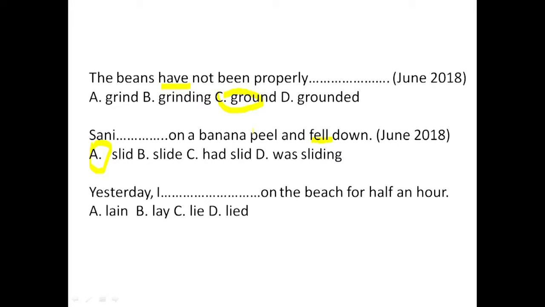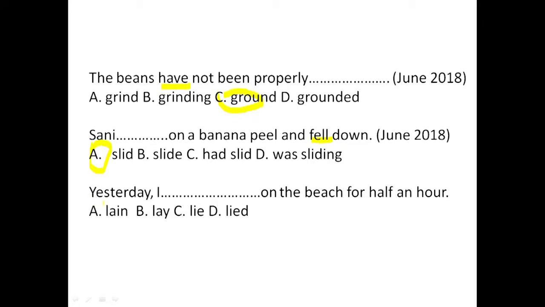But the verb fell is in past tense, so the verb coming here after Sunny is supposed to be in past tense. Meaning we are being tested on what should be the past tense for the verb slide. So it's of course slid. Okay, sequence of tense.